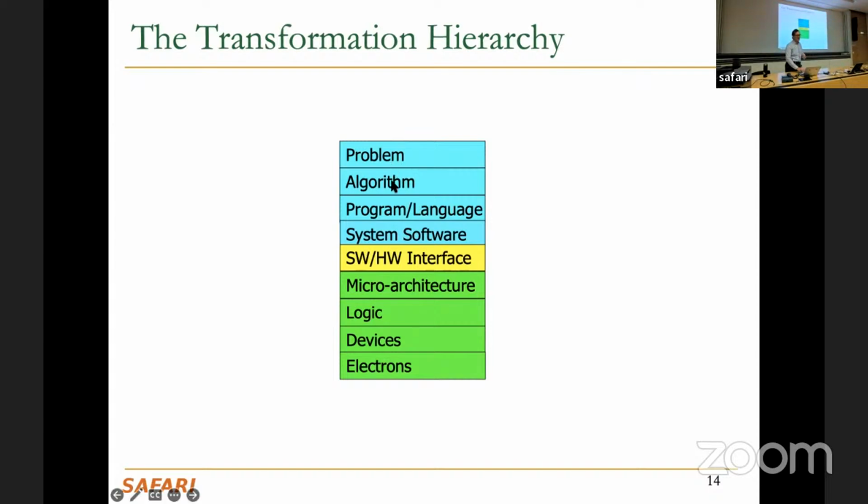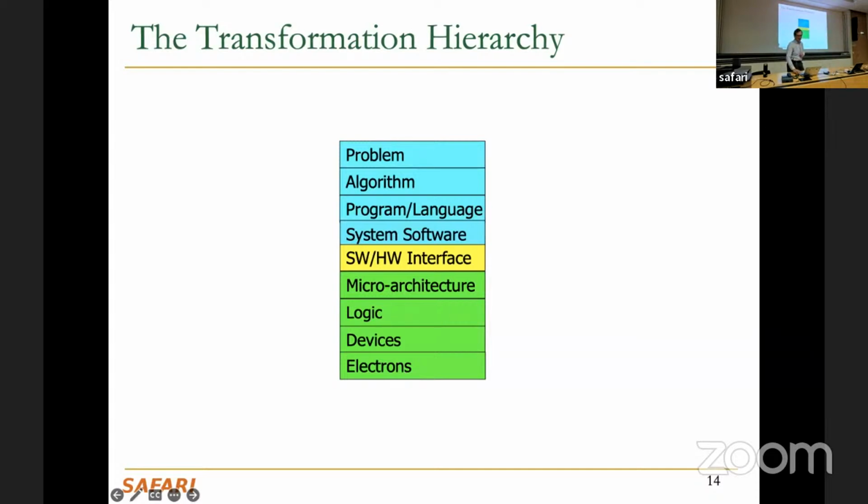We translate the problem into an algorithm, which gets written in a language and executes on system software. Then it gets translated into a language that the machine can interpret, which is implemented using a particular implementation called microarchitecture, implemented using logic gates, which are implemented using devices that operate based on electron physics principles.